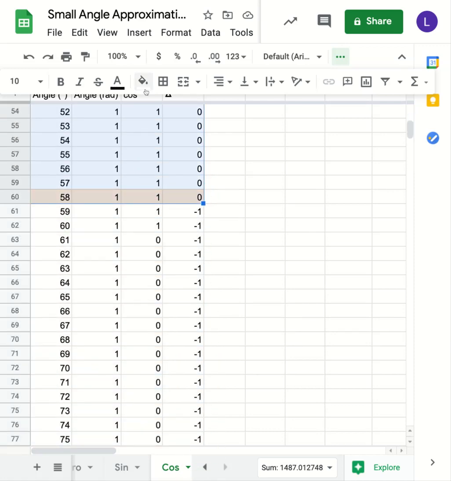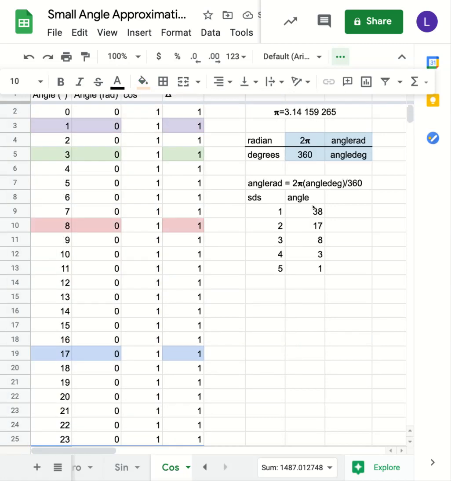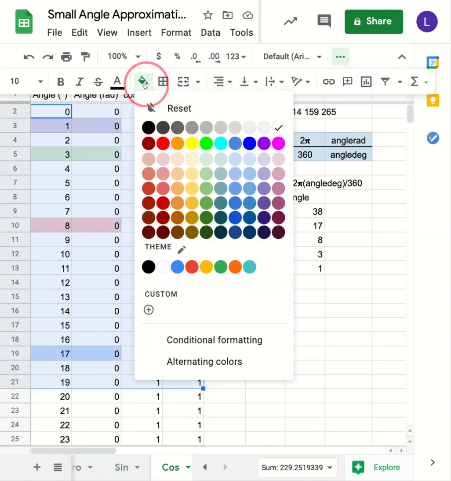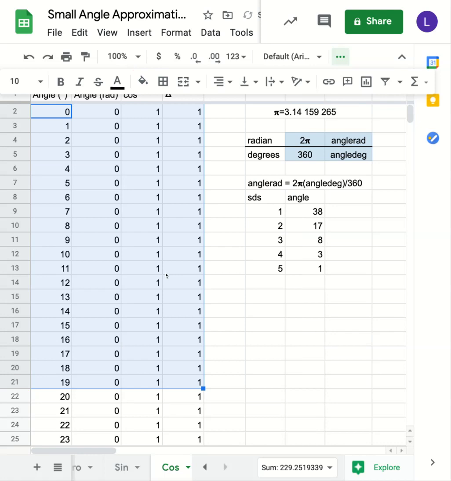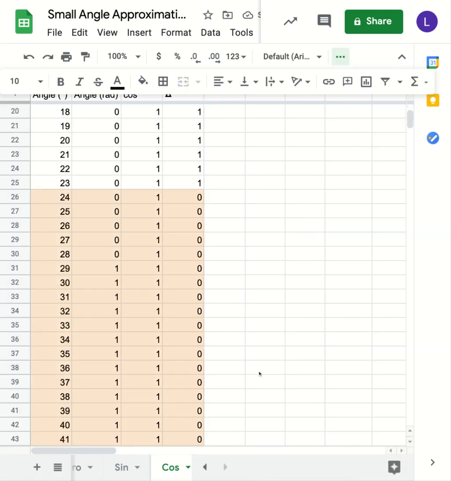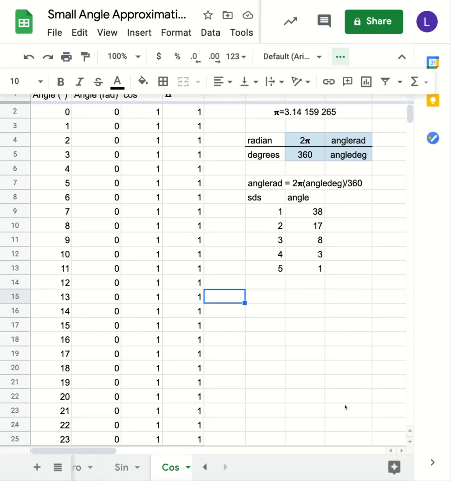Huh, curious, it's a central band. And then the difference gets larger again. So we don't have any agreement here. So the idea that the cosine of theta might equal theta, for small angles, is out. For small angles, it's definitely not true.